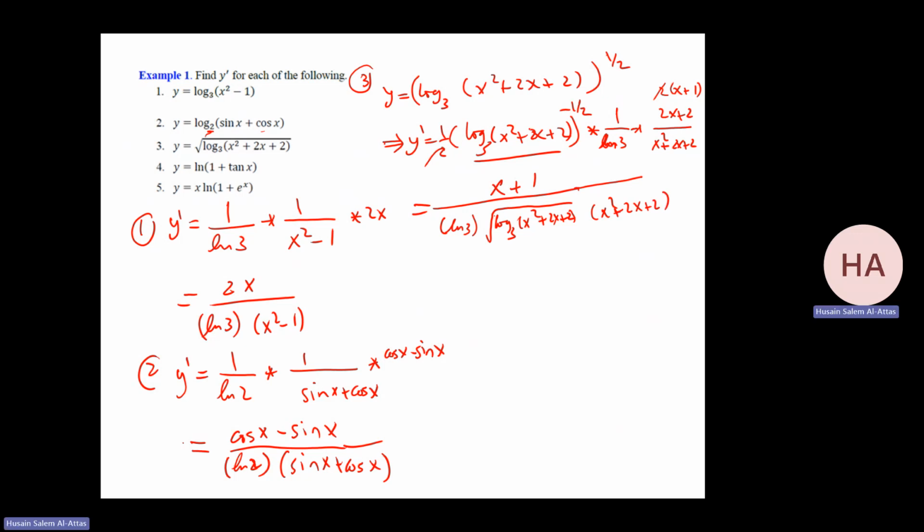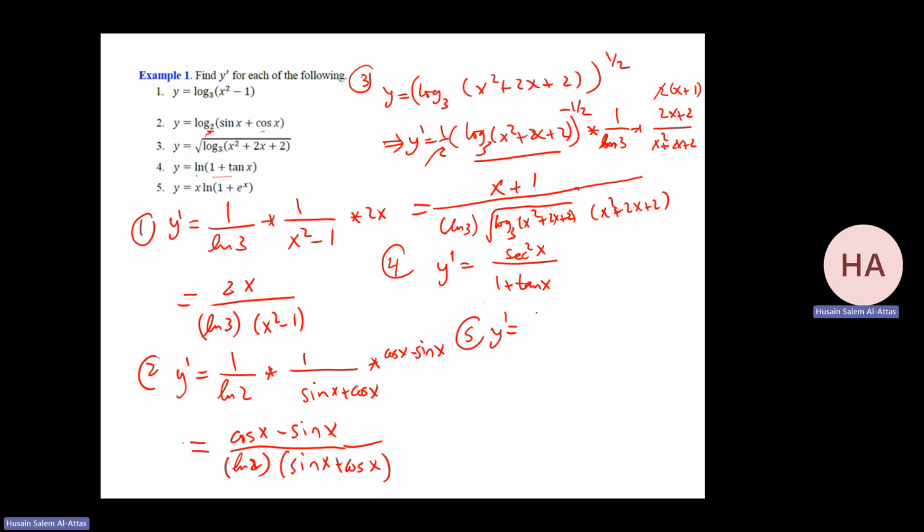And also I need, yeah, did I miss anything? 4, which is this one, ln of this. So it will be y prime: 1 plus tan x, derivative of tan, which is secant squared x. That's it. Number 5, I have a product of 2 functions.